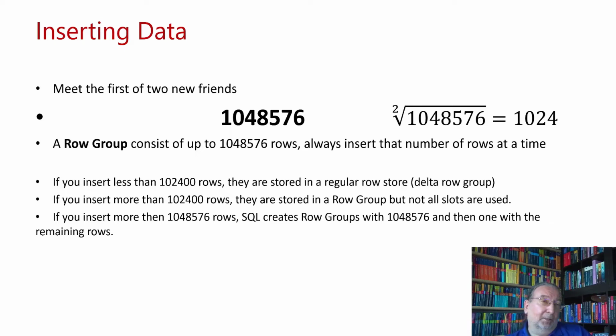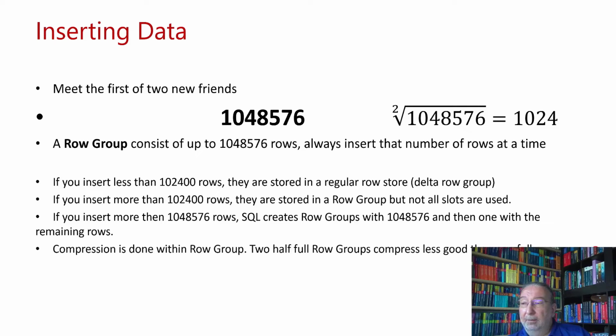But again, if you want to do it perfect, make sure all of them are. And I already explained that. Compression is done within a row group, so 2 half-full row groups compress less well than 1 full one. Yeah? Very simple. You can, of course, clean up if you did the inserts wrong by rebuilding the column store index. Yeah? That will always clean it up and make it as good as possible.